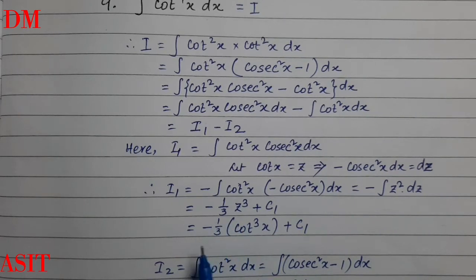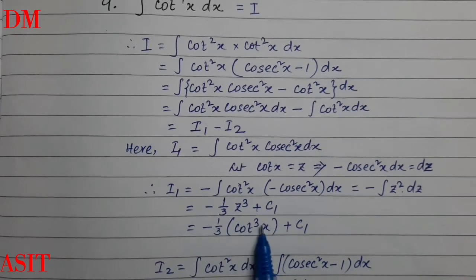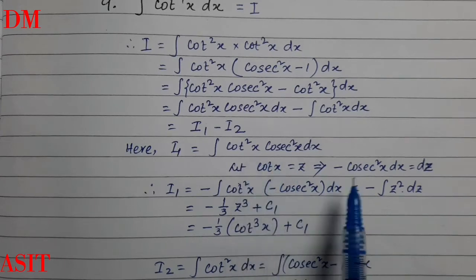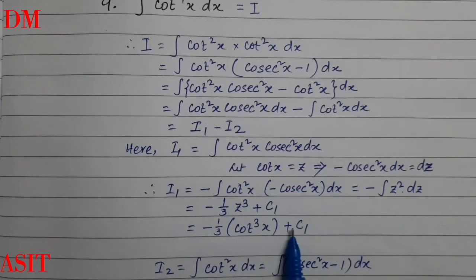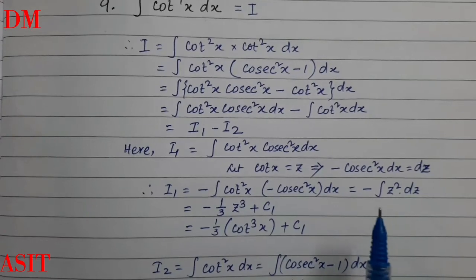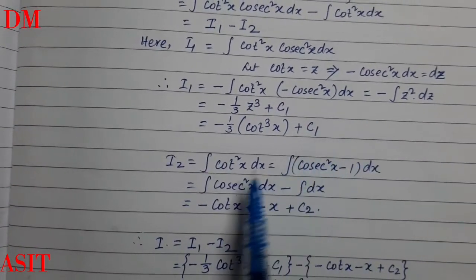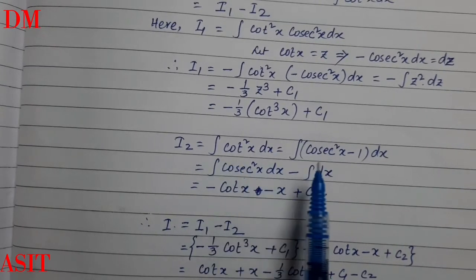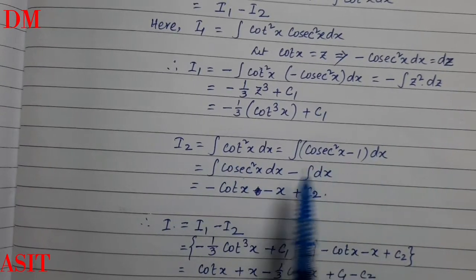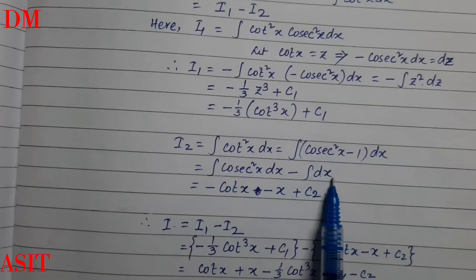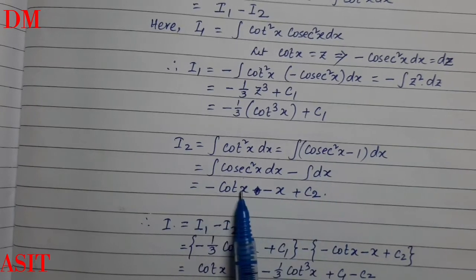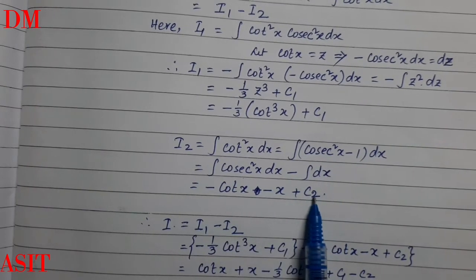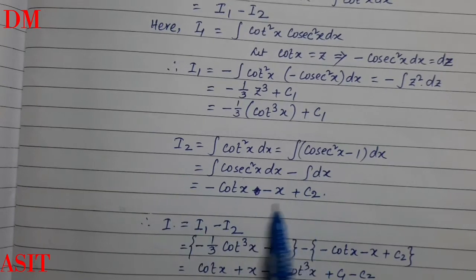So minus 1 by 3 cot cube x, because z is cot x, plus c1, an integrating constant. Now the next one is I2. I2 is simple, as I told you, you need to make it cosecant square x minus 1 dx. So it will be the integration of cosecant square x minus 1 dx, which is minus cot x minus x plus c2. So we got I2.